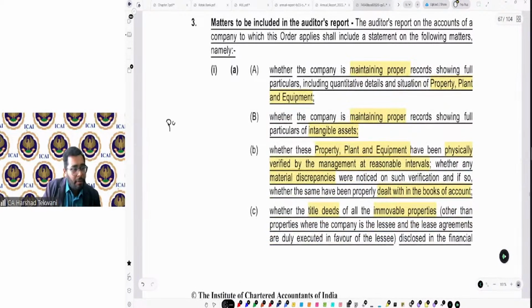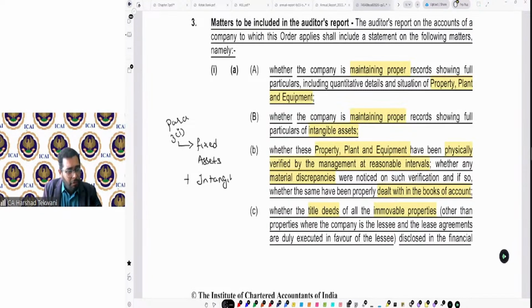We can write para 3.1 with respect to fixed assets, plus intangibles. So this is for records. Again, records. Okay, this is physical verification. This is title deeds.